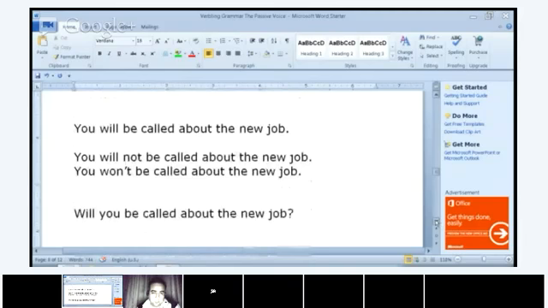These are the passive forms that I came up with. So you will be called about the new job. You will not be called about the new job. And the question, will you be called about the new job? Yeah, in this situation, you could use get, but not, you will not get called.